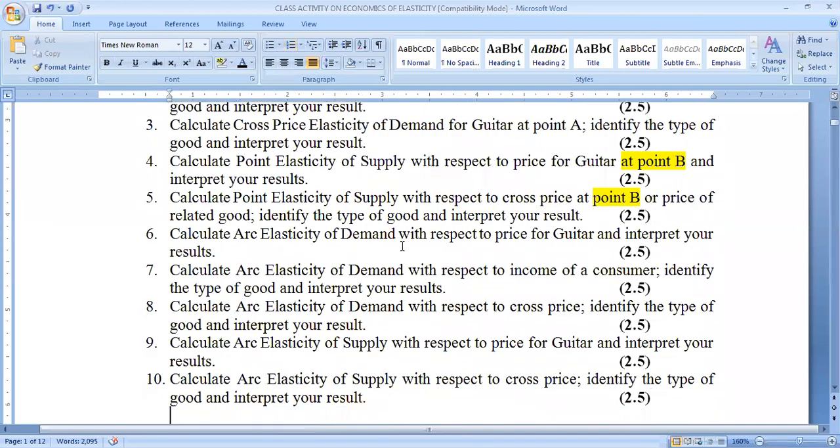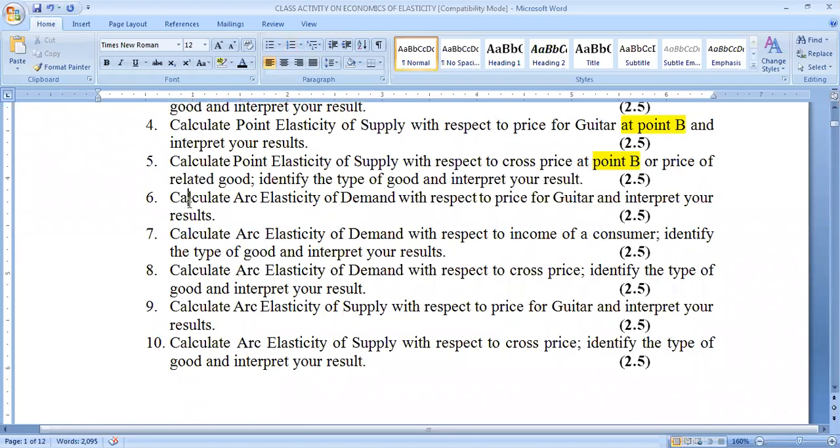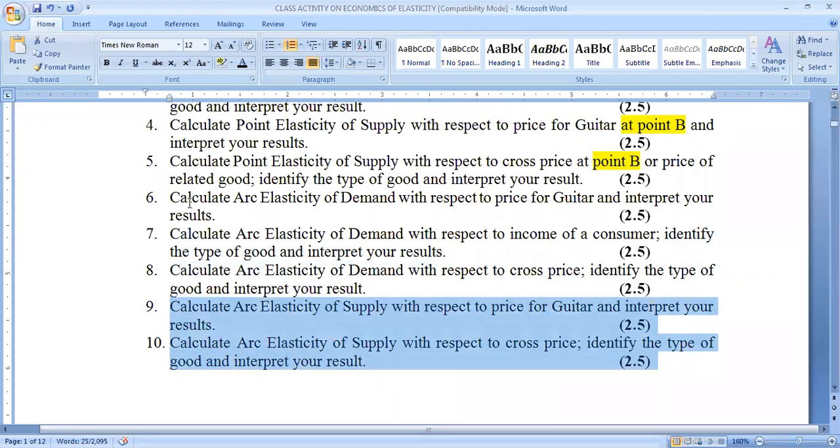In question number 6, it is written, calculate arc elasticity of demand with respect to price for guitar and interpret your result. In question 7, it is about arc elasticity of demand with respect to income. In question 8, it is arc elasticity of demand with respect to cross price. Question 9 and question 10 represent arc elasticity of supply with respect to price and with respect to cross price.